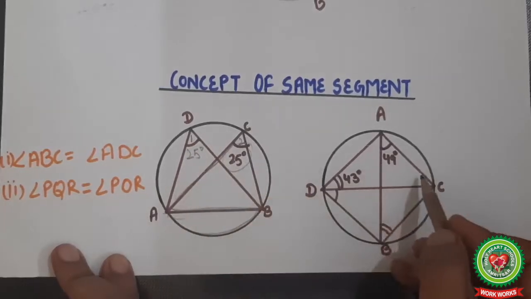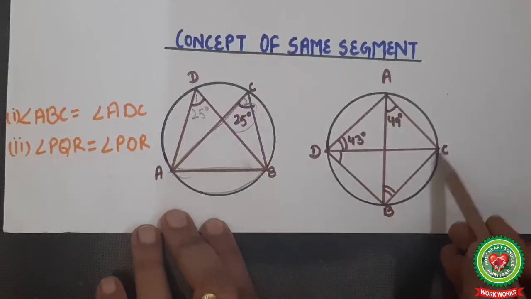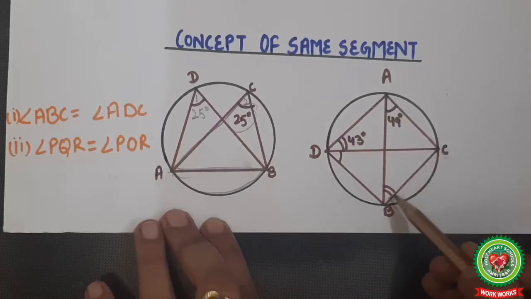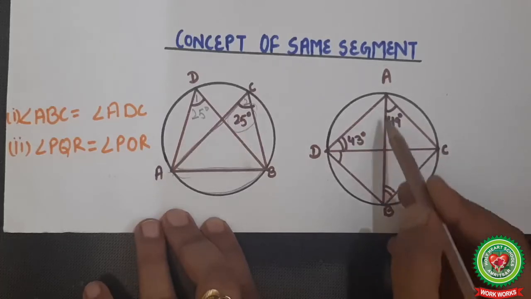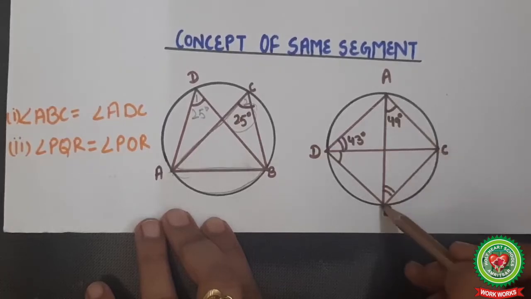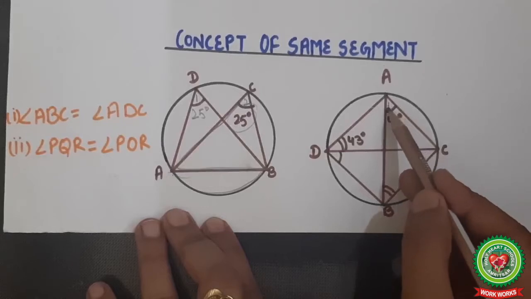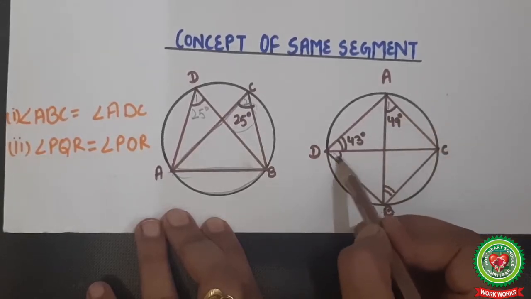See another figure. Now students, see the other figure here. This side BC. From this side BC, which angles have been made in the figure? From BC, angle A has been made, and similarly from BC, angle D is made. So therefore this angle 1 will be equal to angle 2.